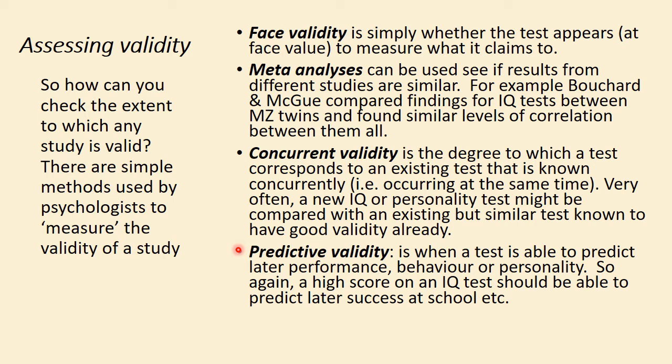If you give people an IQ test and then years down the line, none of it seems to have any bearing on how they do in later life, then we can say, well, actually, it wasn't valid. So these four methods are ways that we can, if you like, assess or test the validity of research. And I would like you to add these with definitions to your notes.